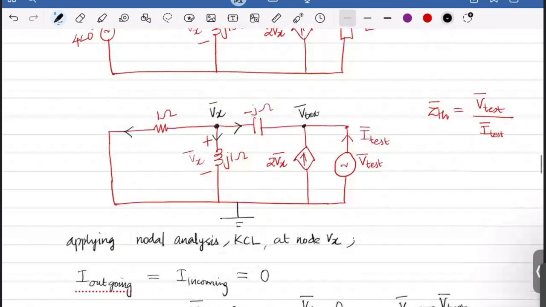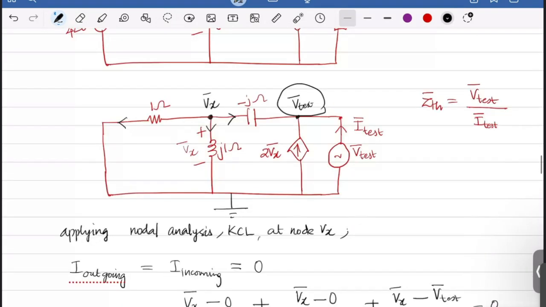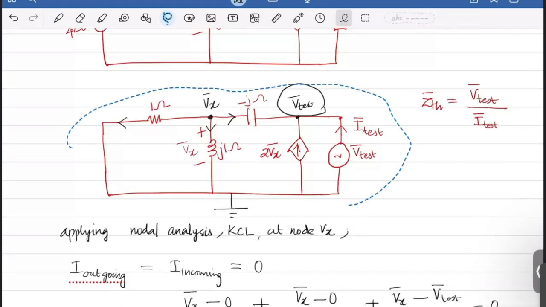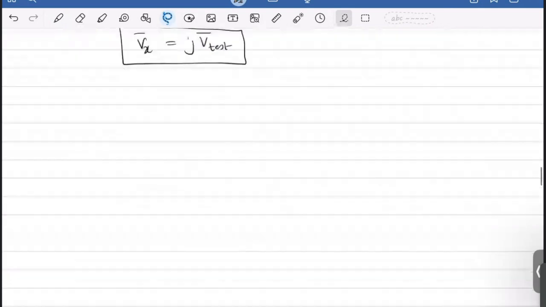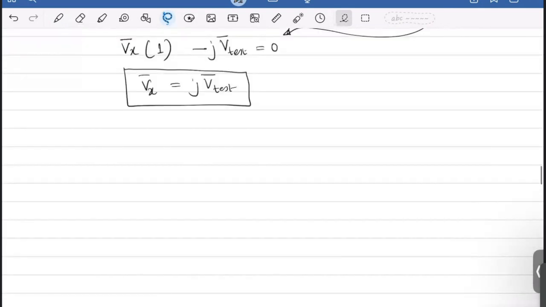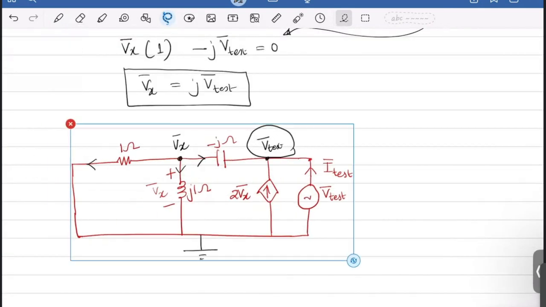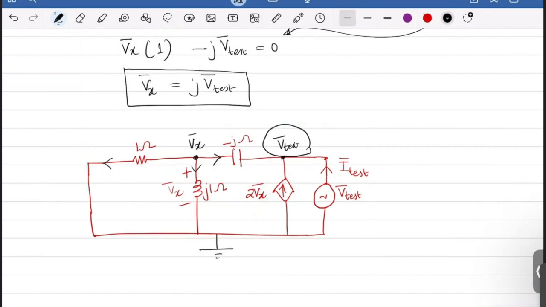Now let us write the nodal equation for the node V test. Here also we'll assume that all the currents are outgoing.